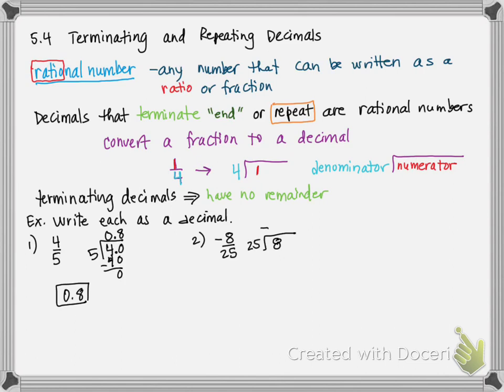And then 25 goes into 8 0 times, so then I put in my decimal point, bring it up, annex a 0. 25 goes into 80 3 times. 3 times 25 is 75. I do my subtraction, and I get a 5 remainder. So I have to annex another 0, bring it down, and continue dividing. And 25 goes into 50 2 times evenly. So notice, no remainder. So the answer would be negative 32 hundredths.